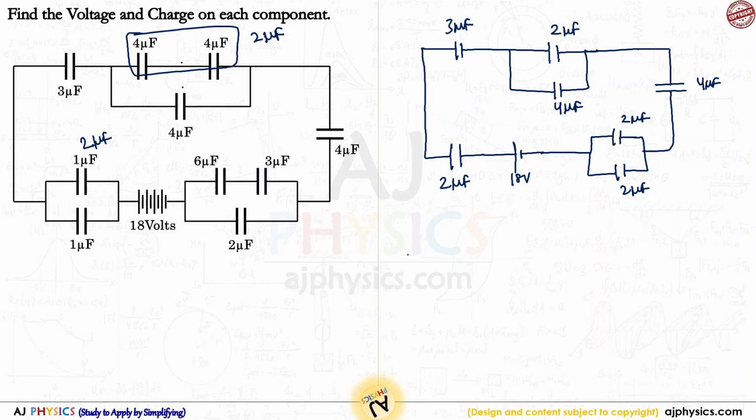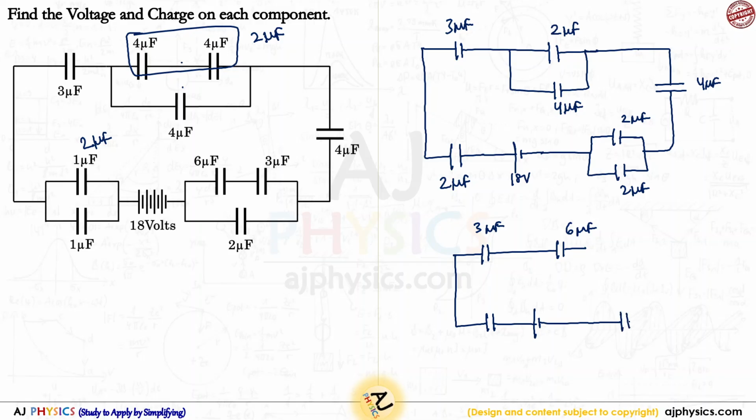If you simplify it further, the circuit should look like this: 3, 6, 3, then it's 2 microfarad here, then it's 18 volts, and then 2 and 2 is 4, and then we have one more capacitance in the circuit, that is 4. Okay, so this is 4 microfarad, this is 4 microfarad, this is 2 microfarad.